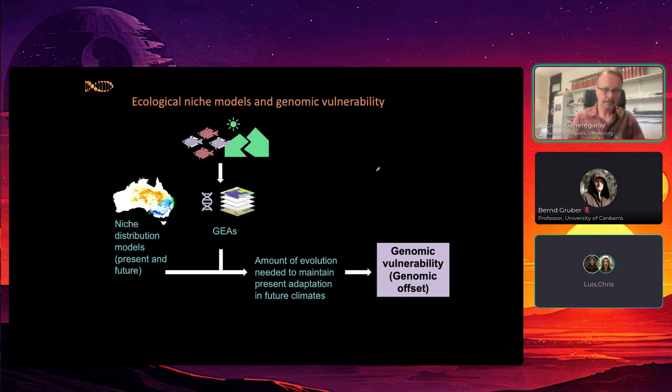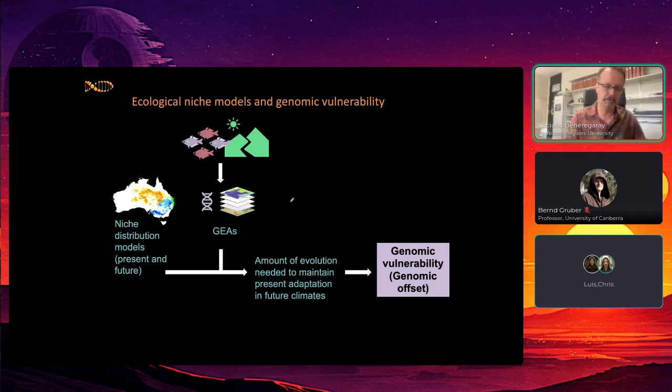So what folks can do here is to integrate your GEA information, let's say that you obtain using redundancy analysis, from your wild populations, with information from niche distribution models, both in the present and future. So that gives you an idea about, for instance, the climatic envelope of the species today, but also will give you projections of how the climate or the environment will change under different climatic scenarios, right?